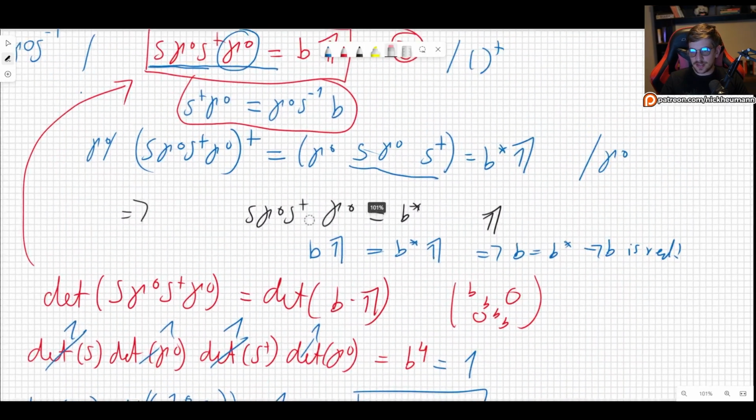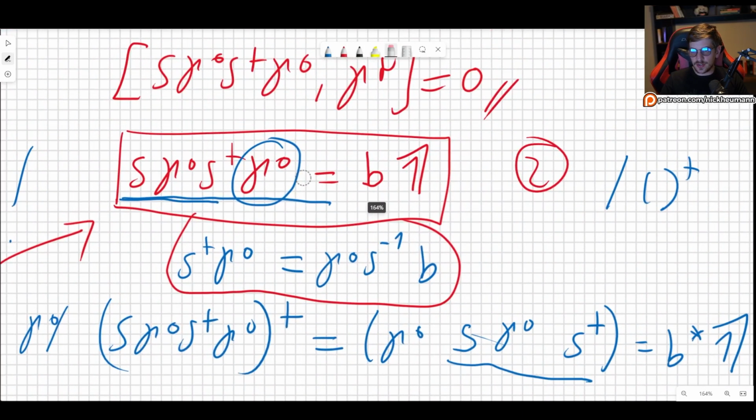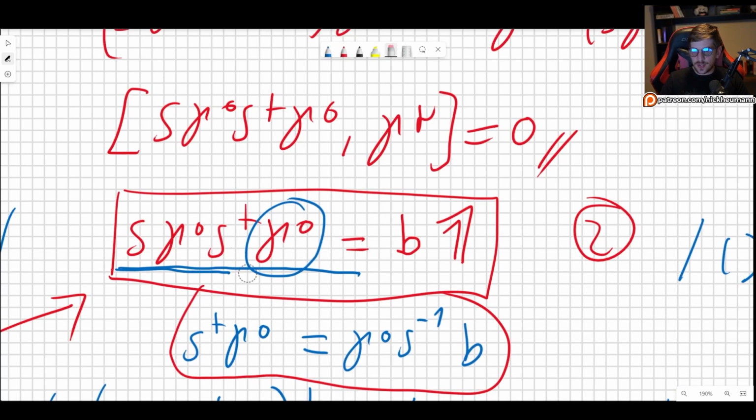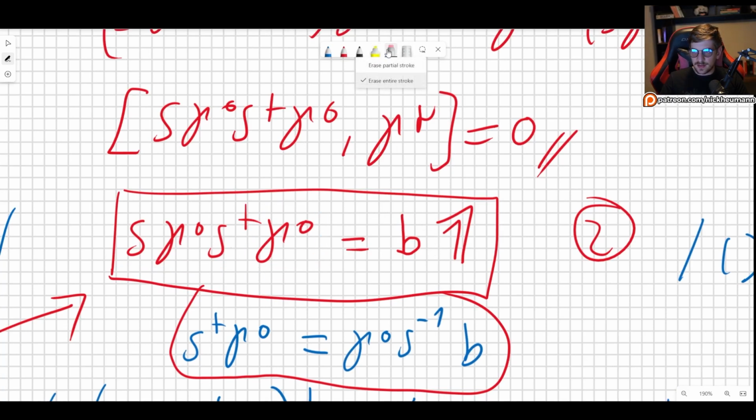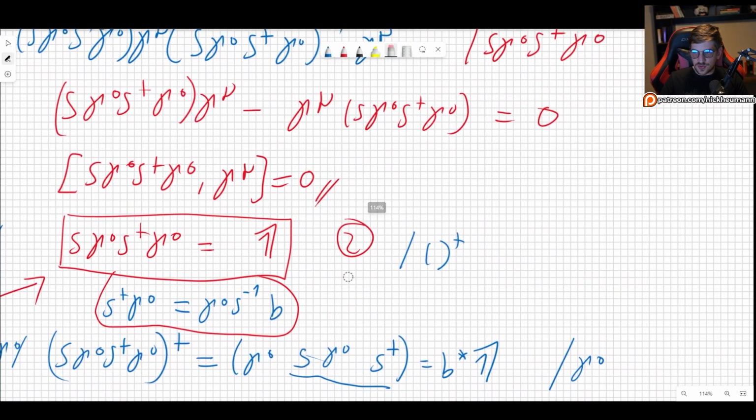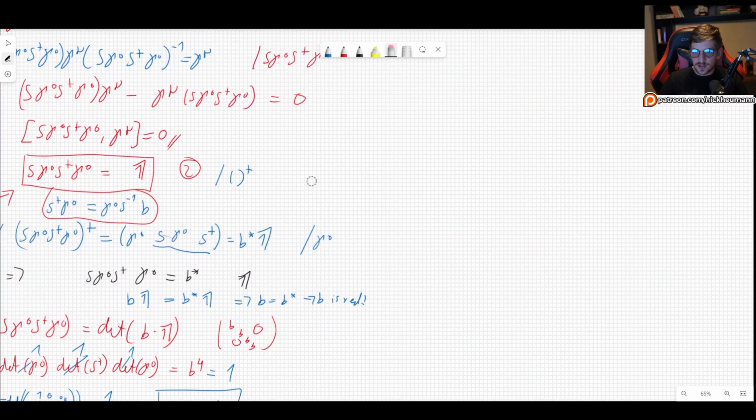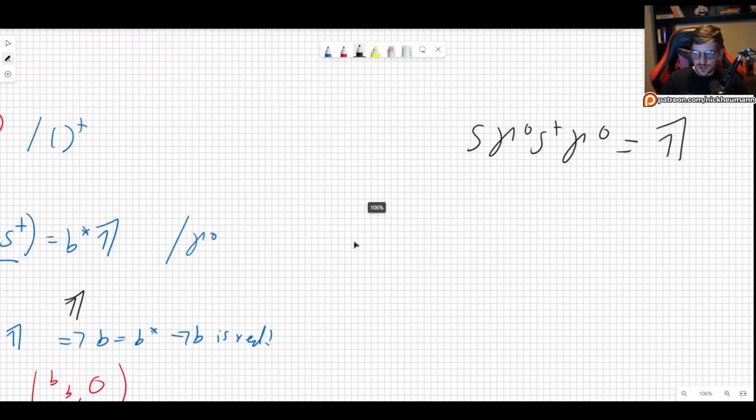So let's now go back to this relation right here. And now we can just write it like this. So b is equal to 1. So that means that, perhaps I will just rewrite it to the side anyways. So what we found is that S gamma 0 S dagger gamma 0 is equal to the identity matrix. And why is this so interesting?